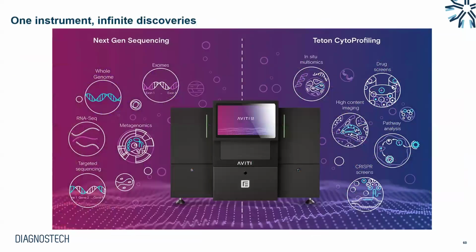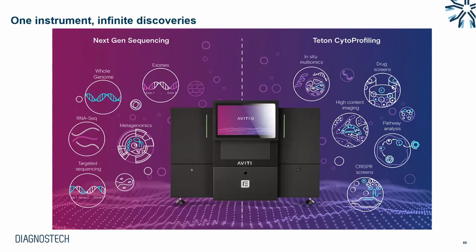So this talk was not about the AVITI 24, but I couldn't give up the opportunity to at least introduce it. Ultimately, it's the first benchtop platform that enables high quality, affordable sequencing and in situ multiomics in one powerful system. So you can sequence exomes on the one side to performing spatial proteomics on the other side on the same day.